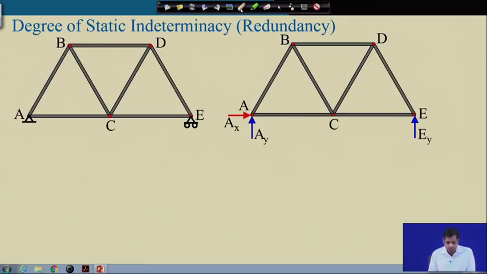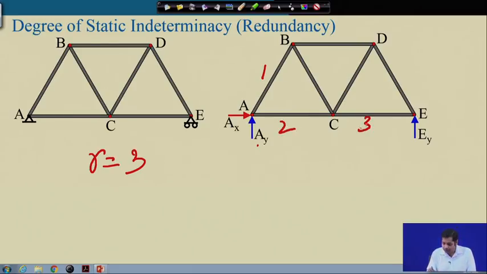And we have two support reactions here, and one support reaction here. Now, suppose R is equal to the total number of reactions required. For instance, as far as this truss is concerned, R is equal to 3: 2 at this point, and at joint E it is 1.